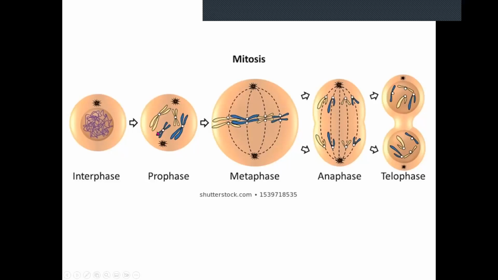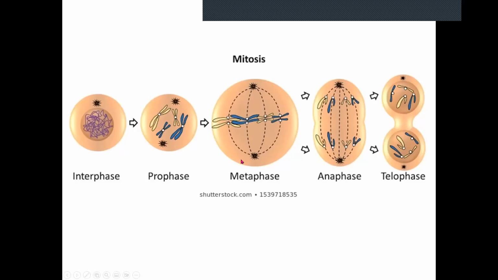So you get 4 identical pairs here. This little dot in the middle, which holds them together, is called a centromere. And it's a very important part of the chromosome. Now the middle bit is called metaphase. So the cell has grown, it's produced more of the internal material.